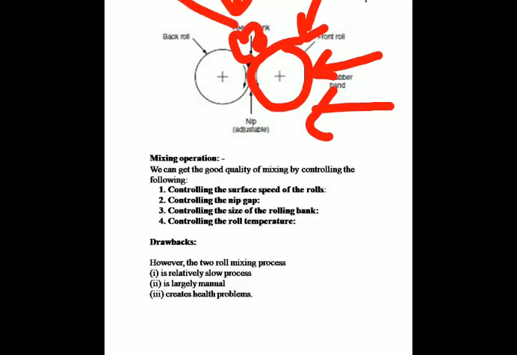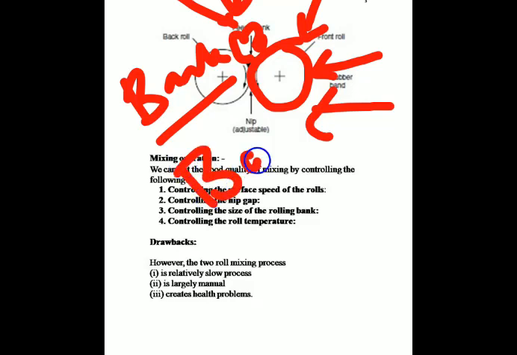So this is called the bank, and this is the band. Thorough mixing is obtained by cutting and folding many times from both sides. Good distribution and dispersion is achieved finally.